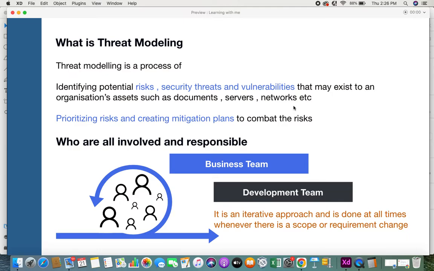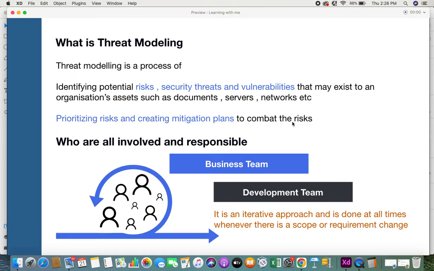After an organization identifies potential risks, threats, and vulnerabilities, it doesn't stop there. An organization would prioritize the risks and also create mitigation plans to combat the risks. Prioritization is done in different ways. You have different quadrants that are used, you have a catalog of risks. There are different ways which I'll be explaining in another video.